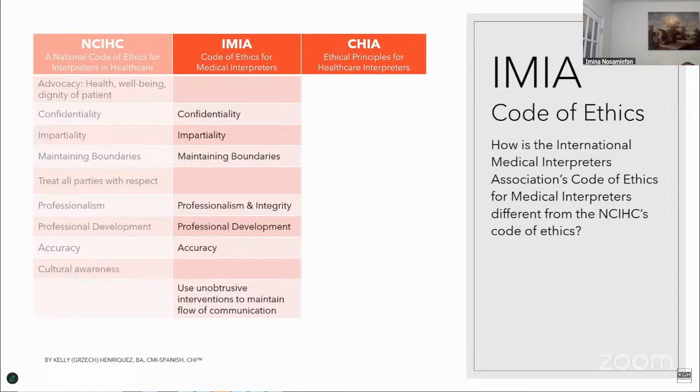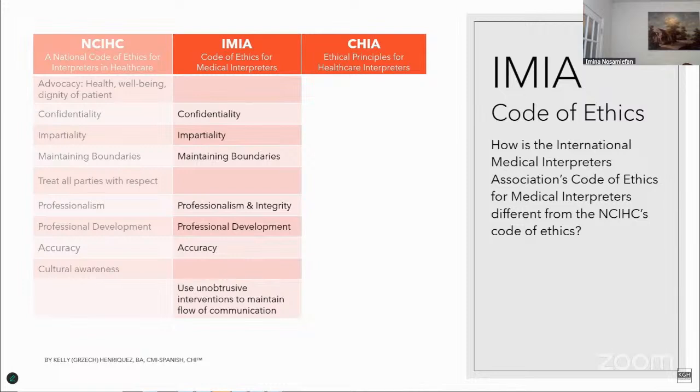So the NCIHC lays out as part of the accuracy ethical principle that we need to manage this flow of communication. But I like the fact that IMIA puts front and center that being unobtrusive is intrinsically valuable, and this flow state, flow of communication, is intrinsically valuable.